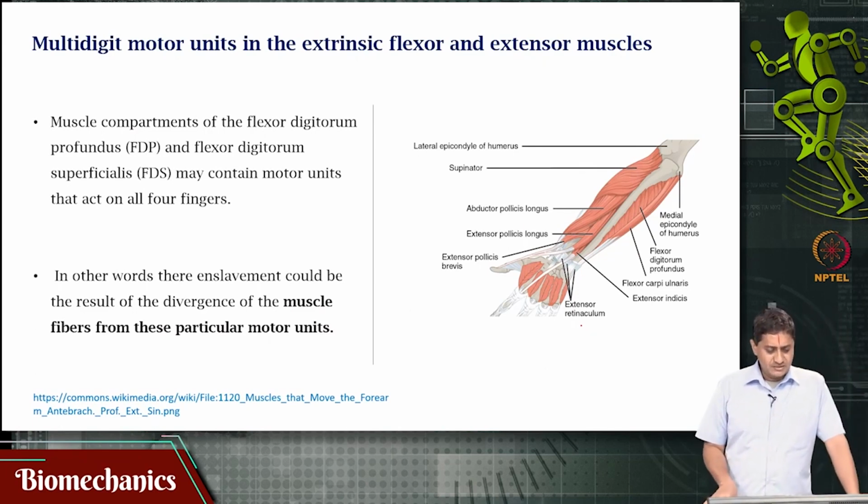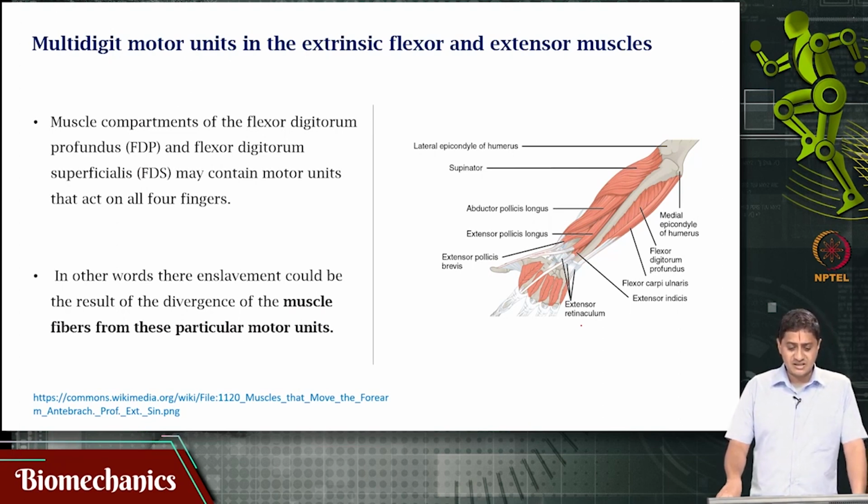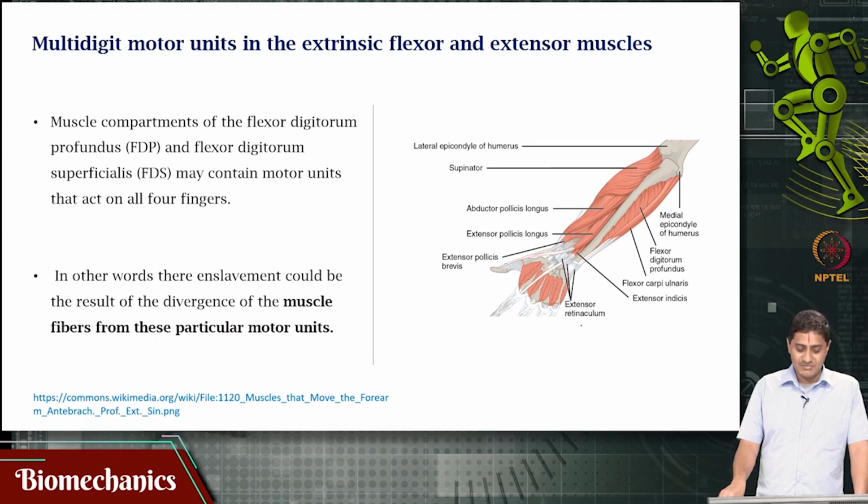For example, multi-digit motor units are found, or there is some evidence to suggest that this happens, at least in the extrinsic flexor and extensor muscles of the human hand, because there are many different compartments of the same muscle, flexor digitorum profundus and flexor digitorum superficialis, that contain motor units, and these act on all the 4 fingers.